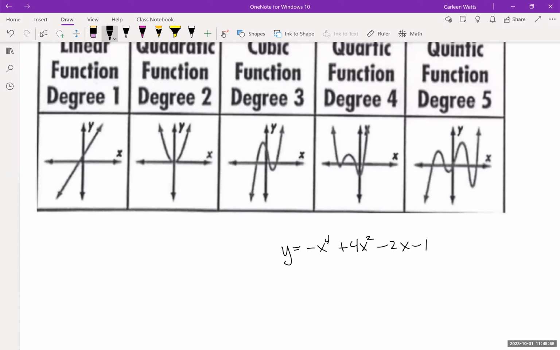Okay, so x to the 4th. Can you see that it's 4th degree? But it has a negative in front. So it's upside down. So you just sketch it like this. Notice I'm judging your end behavior, not middle points. Okay, we're not using Desmos. We are using the chart. So that's how those work. Easy peasy.